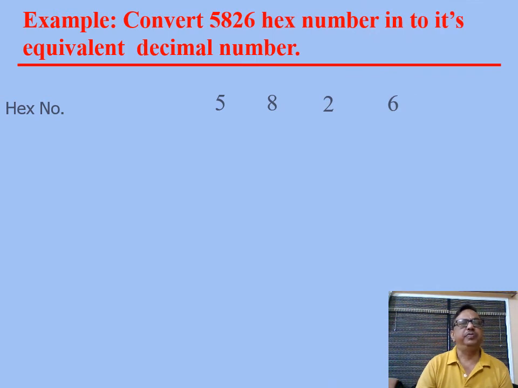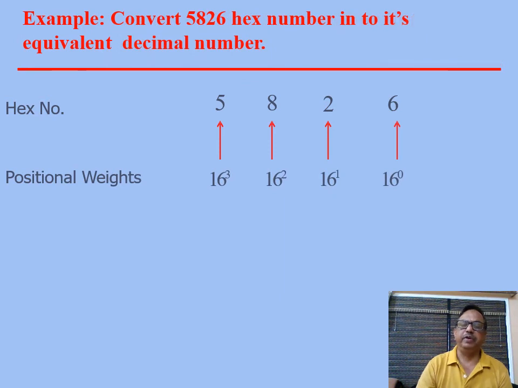Now see an example of how a hexadecimal number is converted into a decimal number. We have given the positional weights: 16 to the power 0 to 6, 16 to the power 1 to 2, 16 to the power 2 to 8, and 16 to the power 3 to 5.